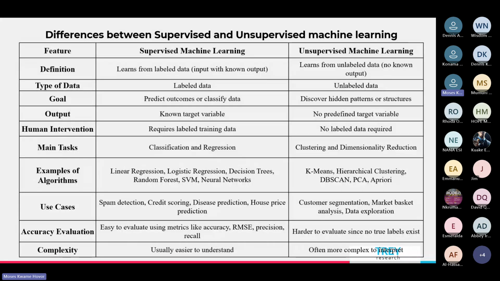For unsupervised learning, as the output is not known, it's not labeled, it's very hard for us to evaluate since no true labels exist. All right, so let's move to the next slide.